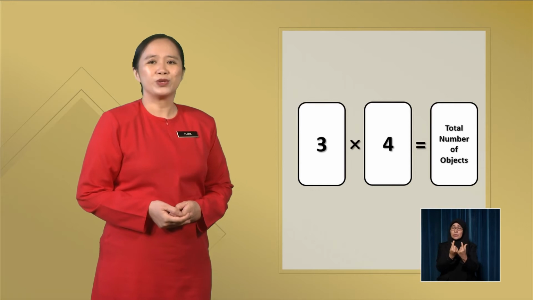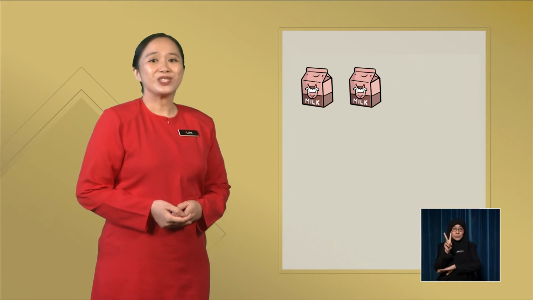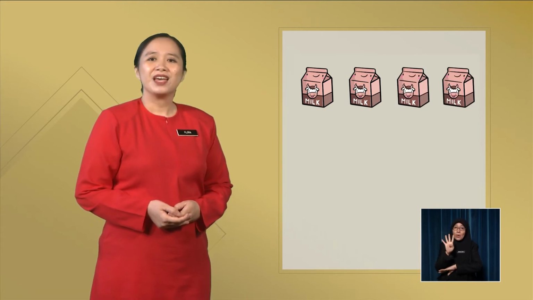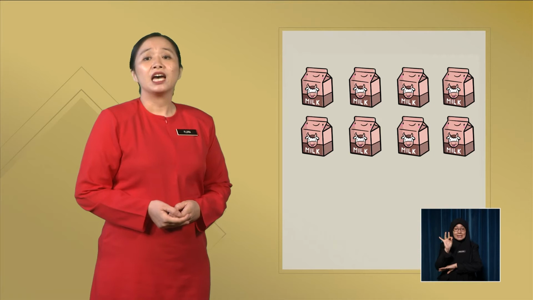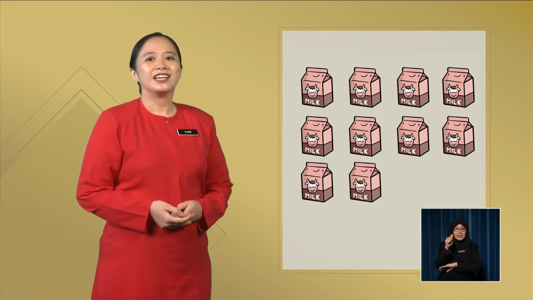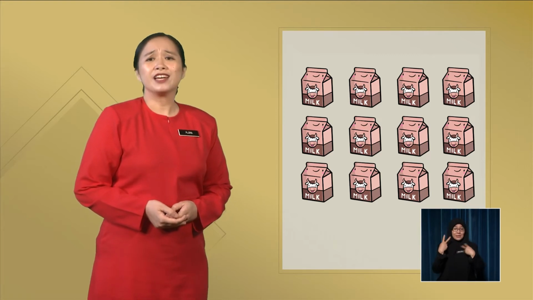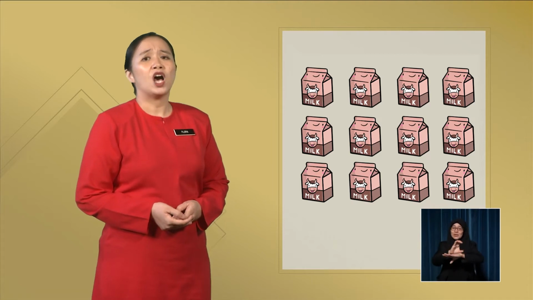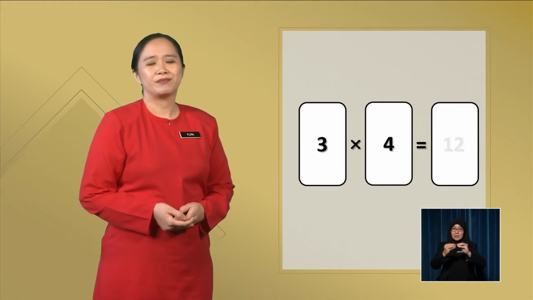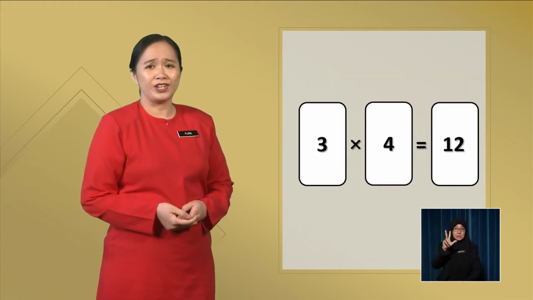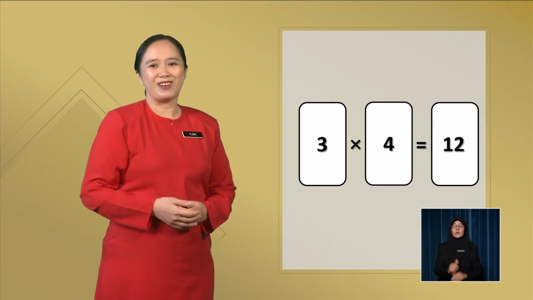Let's count them together. 1, 2, 3, 4, 5, 6, 7, 8, 9, 10, 11, 12. We have 12 cartons of chocolate milk all together. Let's write the number 12. 3 times 4 is equal to 12. Great job!